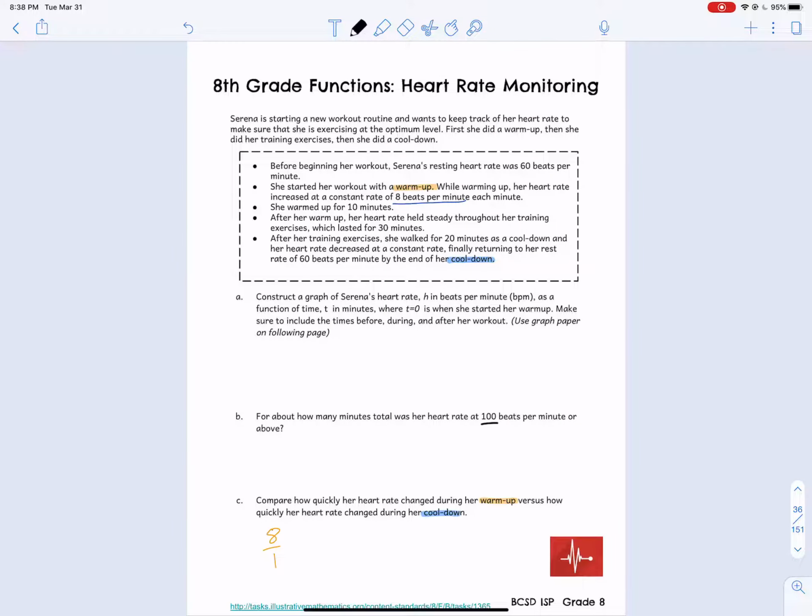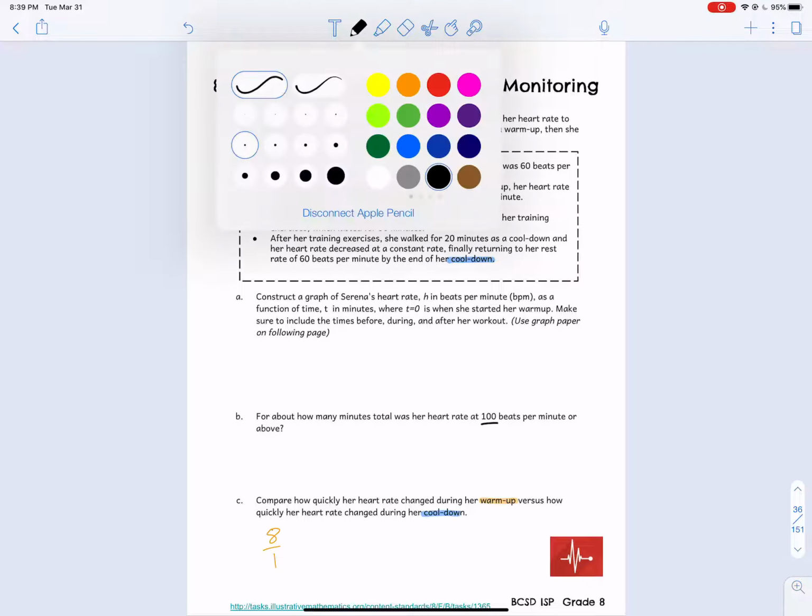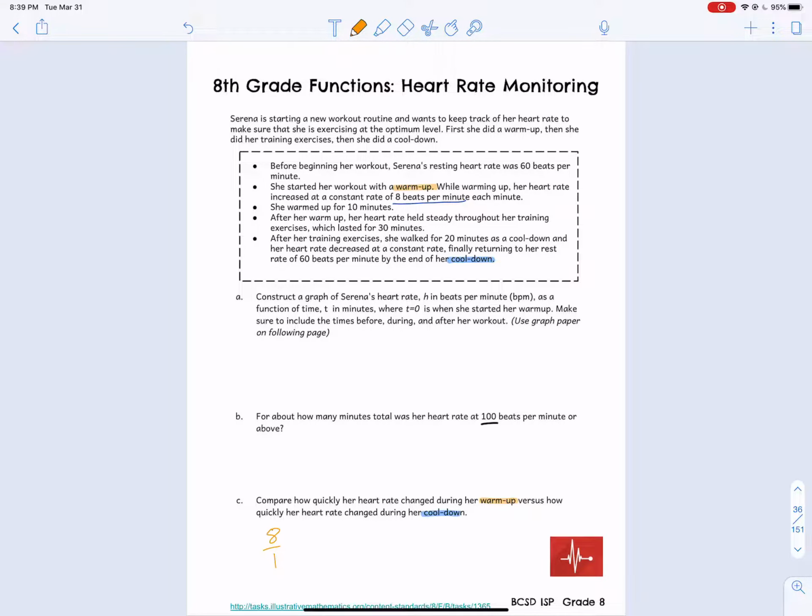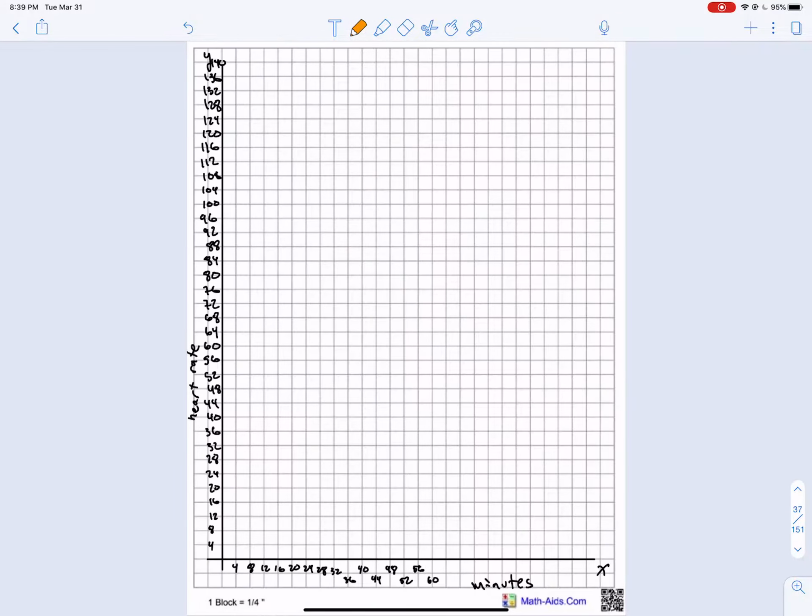So let's start graphing. It says construct a graph, and we want t at 0 when she started her warm-up. Let's do the warm-up in orange. She started at 60 beats per minute at time 0. So that's our starting amount.